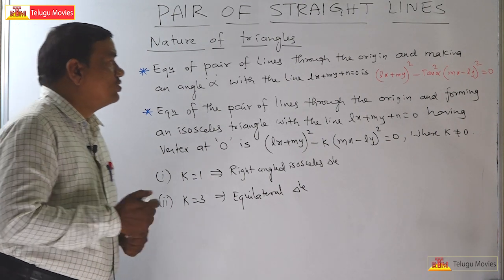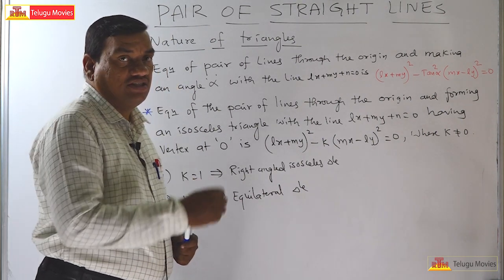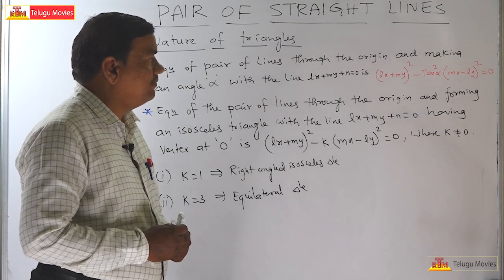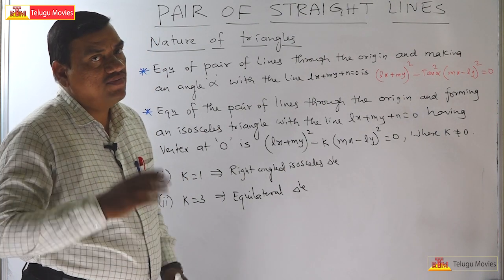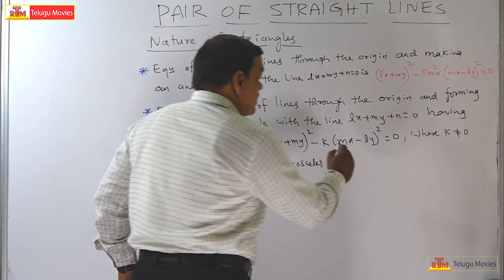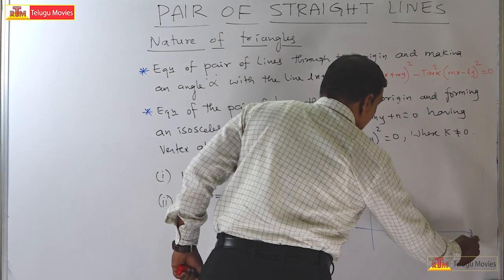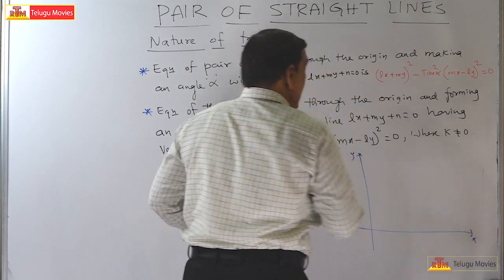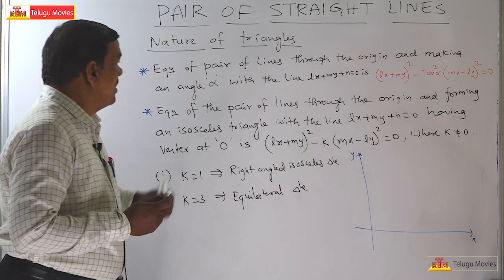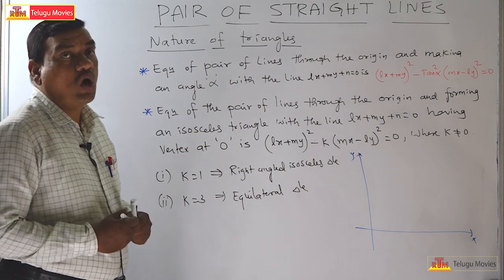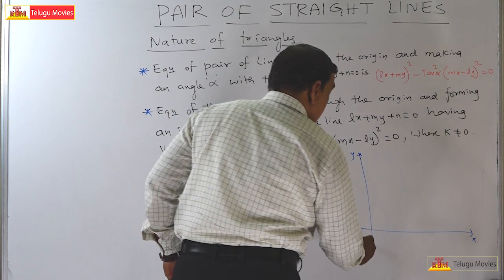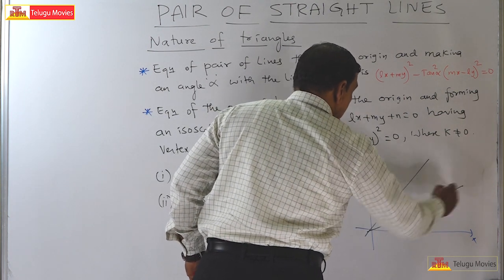If you draw the diagram, the concept will be very clear. Let us take the x-axis and y-axis, and a pair of lines through the origin. There are two lines passing through the origin O.